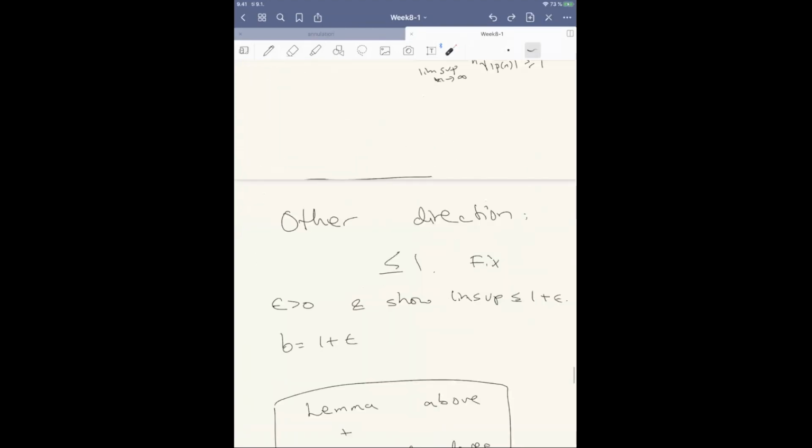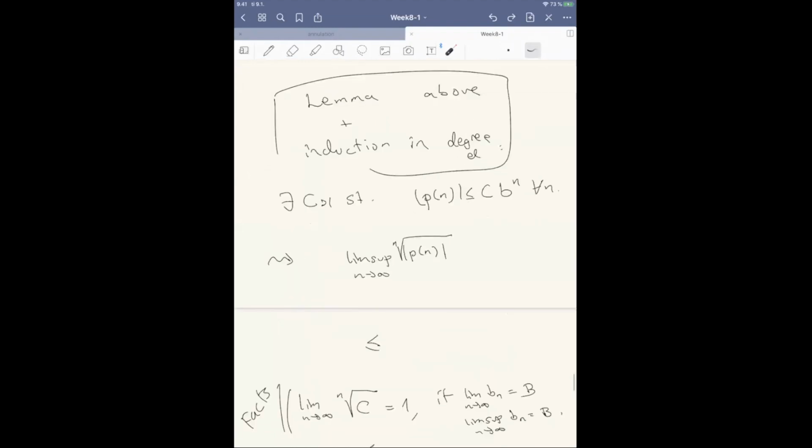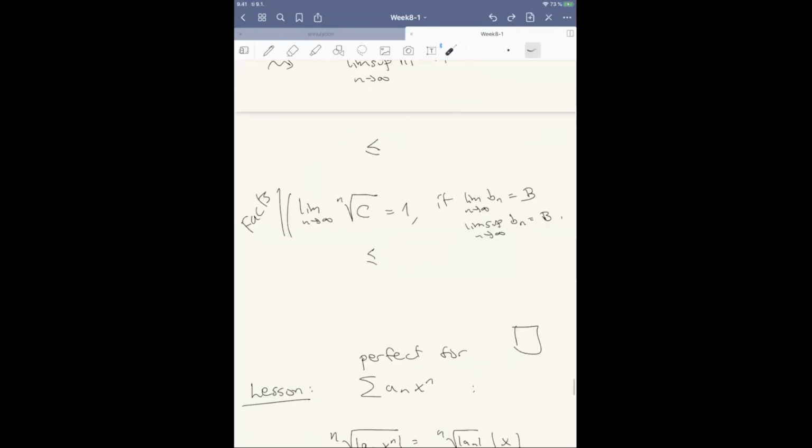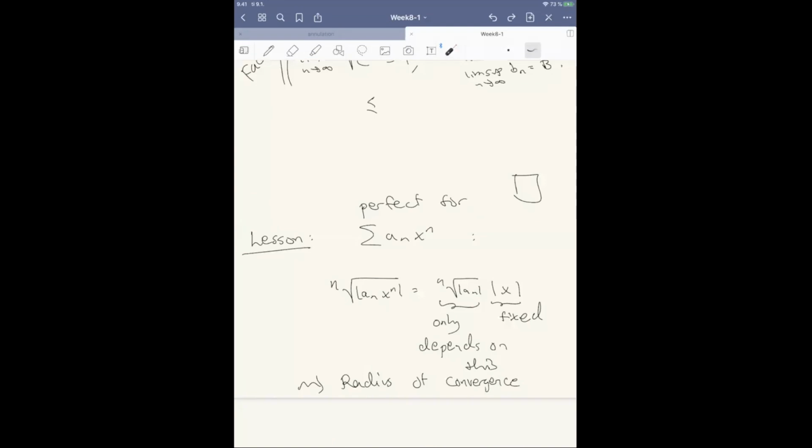I will not do the proofs on any of these. I'll just conclude with why these lemmas are important, and we'll have time on Wednesday to discuss this. These tests are really perfect for looking at the series that we want to look at. Because if you take the nth root of something like this, what do you get? Well, you get the nth root of the absolute value of a_n. This is the kind of expression that we were looking at.